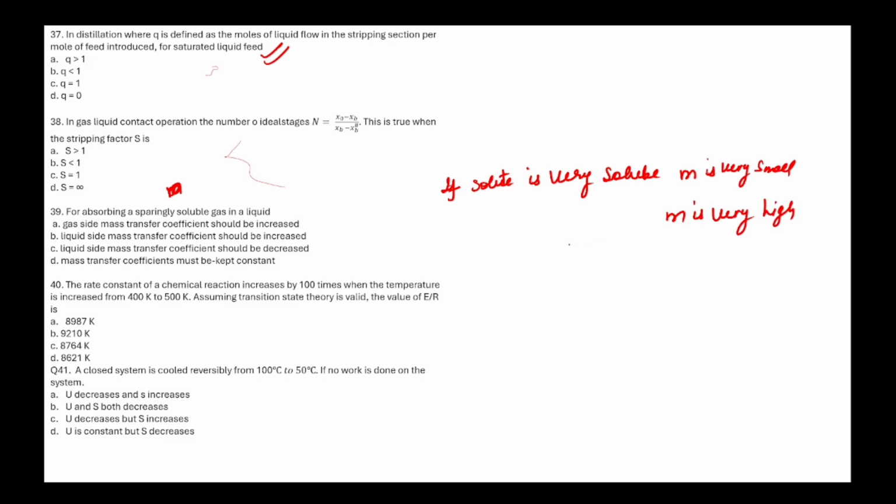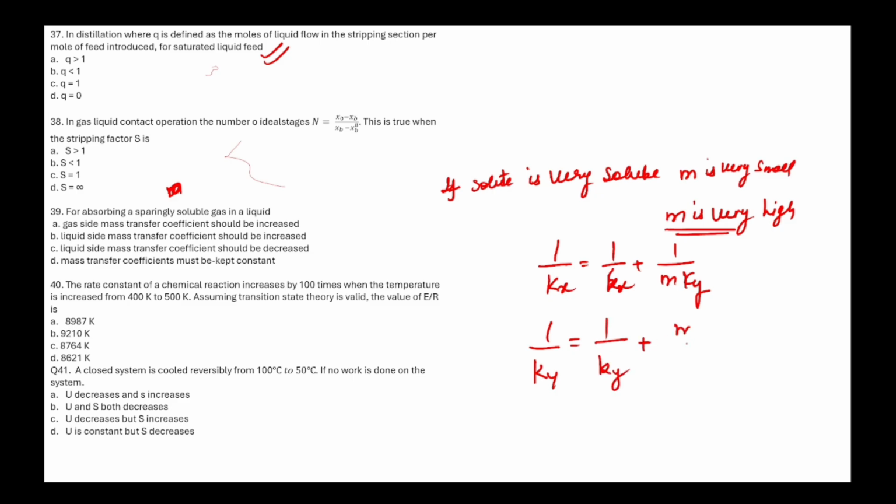So if I apply 1 upon Kx plus 1 upon m ky, this is the condition in our question. 1 upon Ky, this is small k, this is capital K, 1 upon Ky plus m upon Kx. So if m is very high, this will become 0.